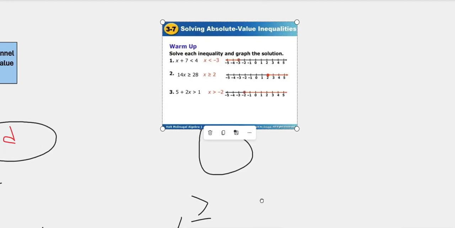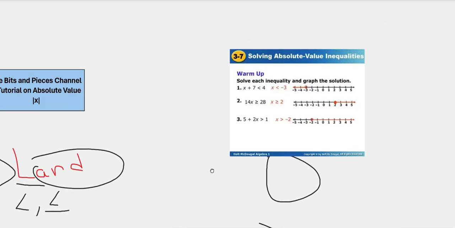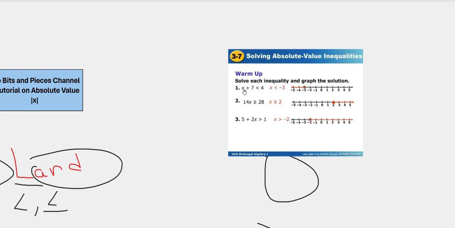So that's what we're talking about right here. So they give us |x plus 7| is less than 4. So if we go back to what we learned, is less than, what is it? And. So we find out both the solutions, right? And I don't think this picture actually includes the absolute value, but let's assume they're absolute values right here. Let's only look at number 1 for this example. So let's graph it and understand how to do it.